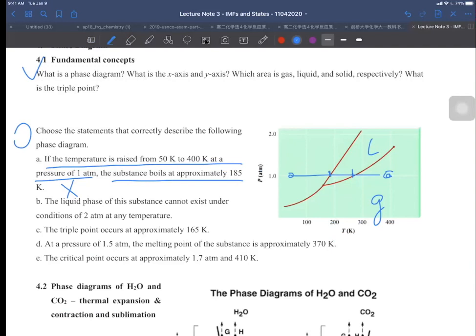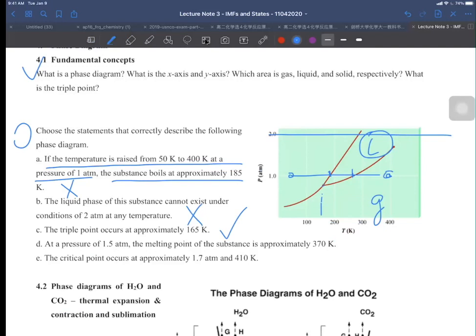If it's 2 atm, can we find the liquid? We can, right? The liquid is here. So this is also incorrect. The triple point occurs at approximately 165 K. This is correct, right?